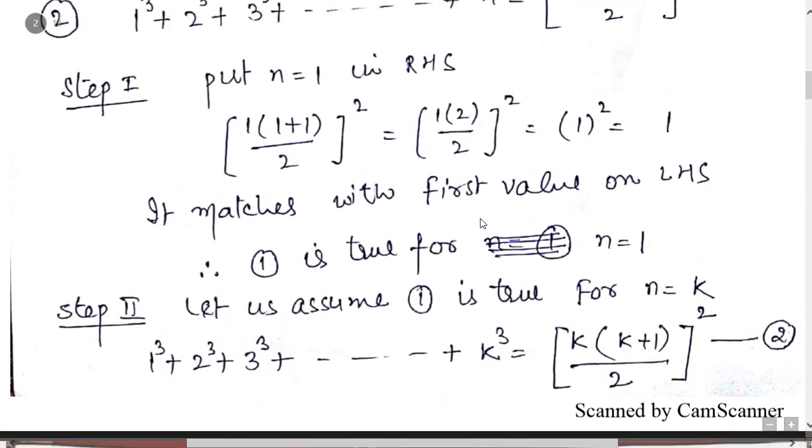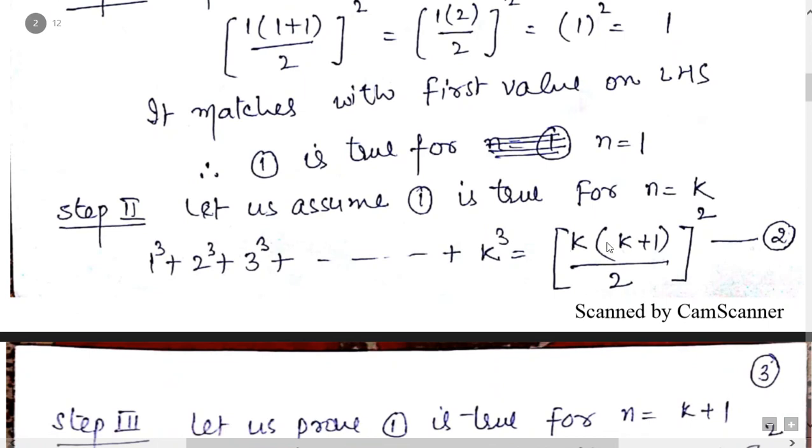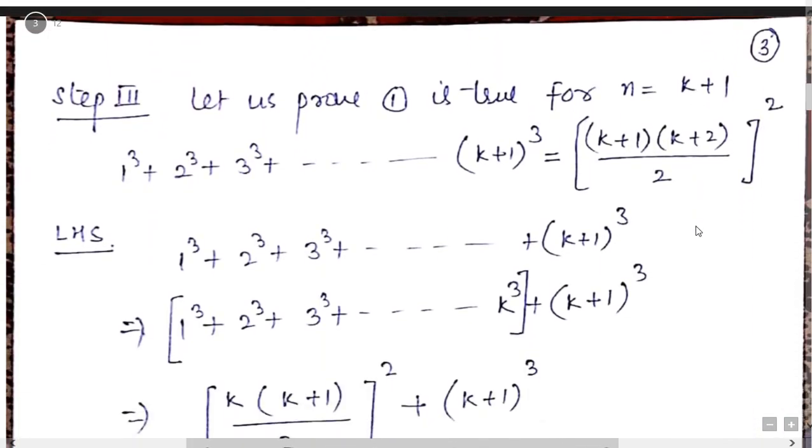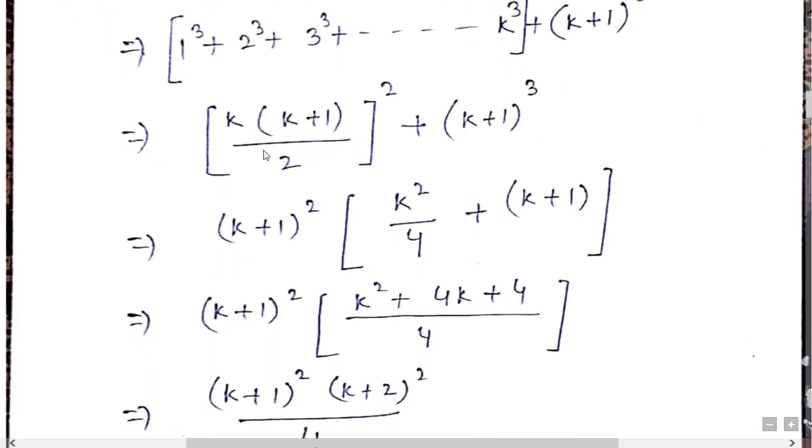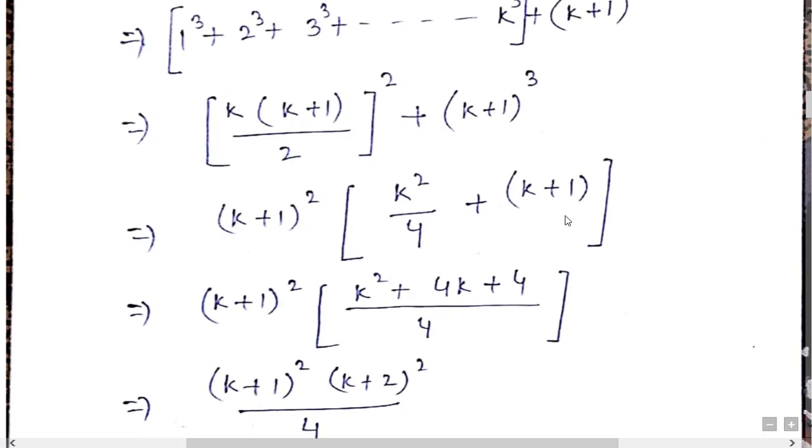Let us check the value. This value is k into k plus 1 divided by 2, whole square. Insert this value here: k into k plus 1 over 2, whole square, plus k plus 1 whole cube. Now check both the terms. k plus 1 whole square is common, and inside, the first term is k square over 4 and the second is only k plus 1.